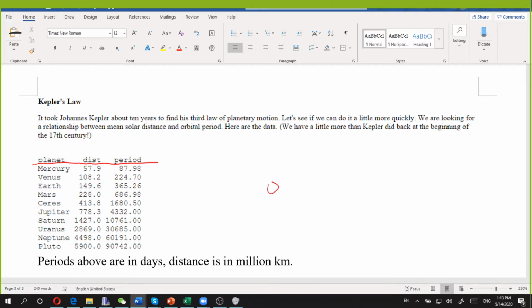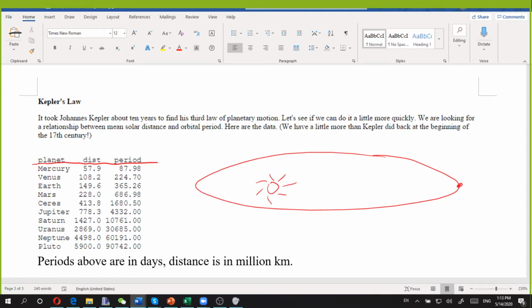So if this is the Sun, and this is our planet, I'm getting their distance at the point where they are furthest away.